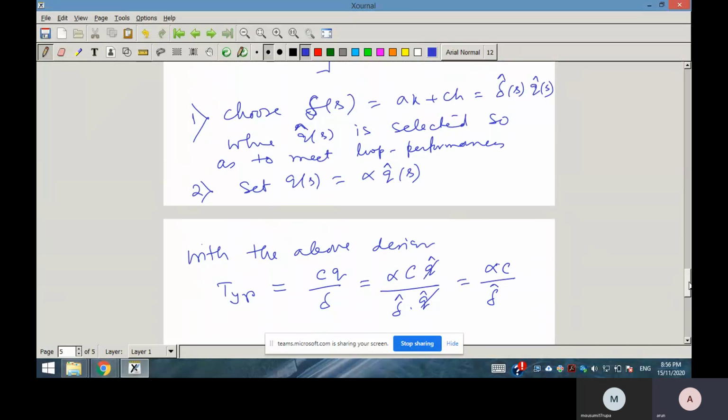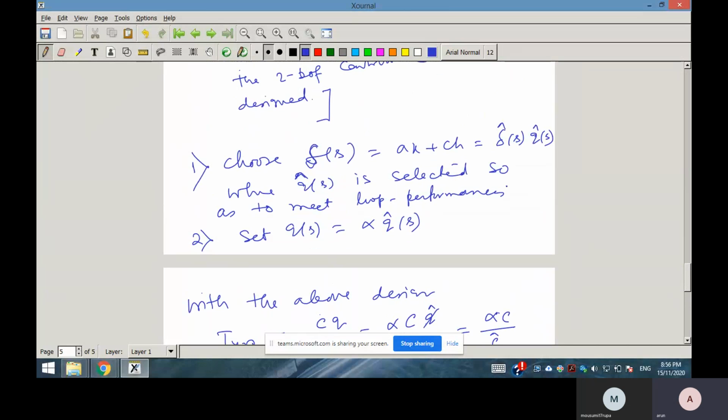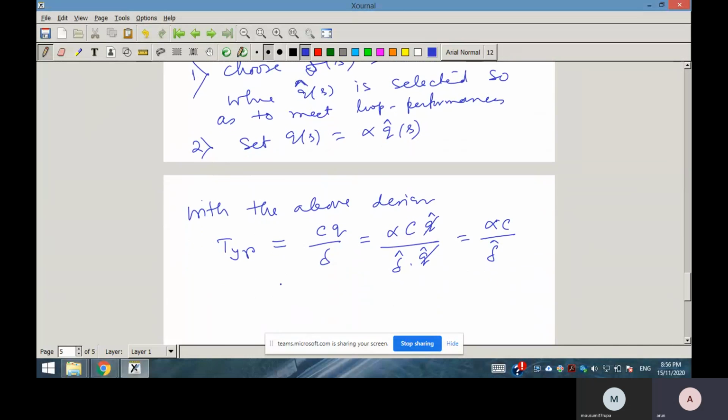That means we get the same transfer function as we wanted, that is the desired reference input to output model.